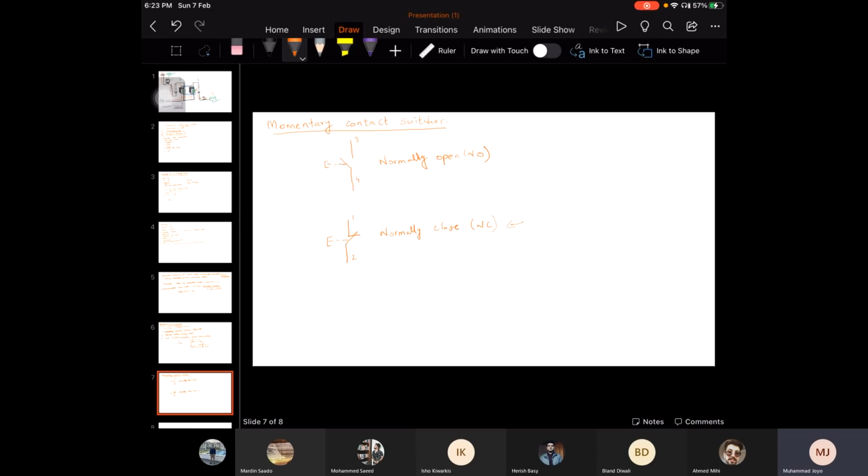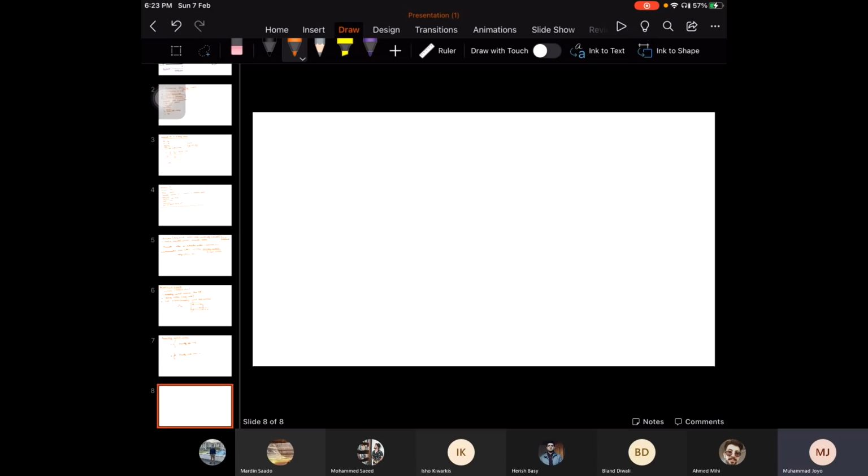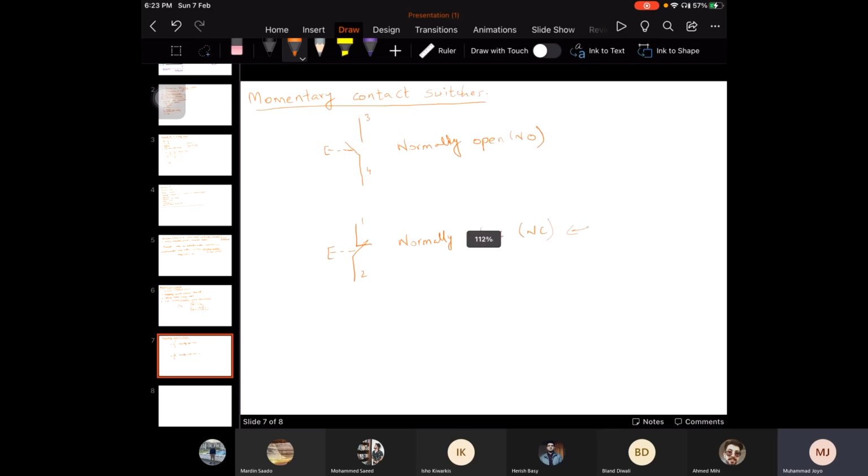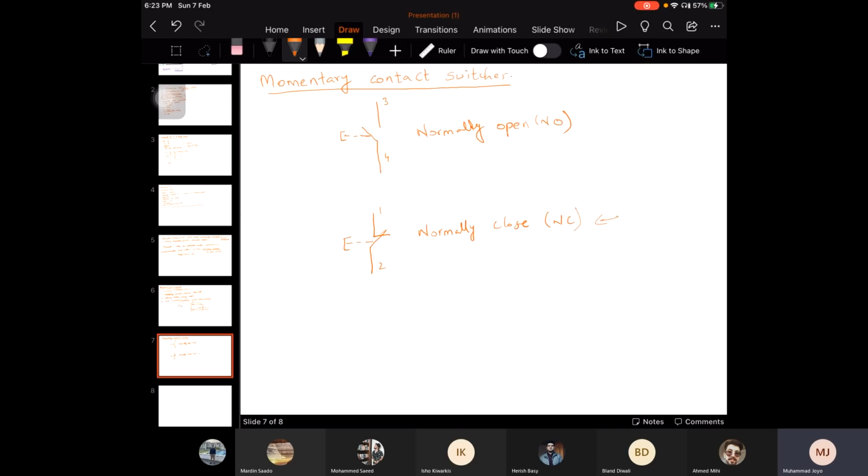There is another type of switch, a sort of momentary switch, but it is a kind of latching switch as well. We call it a changeover contact switch.